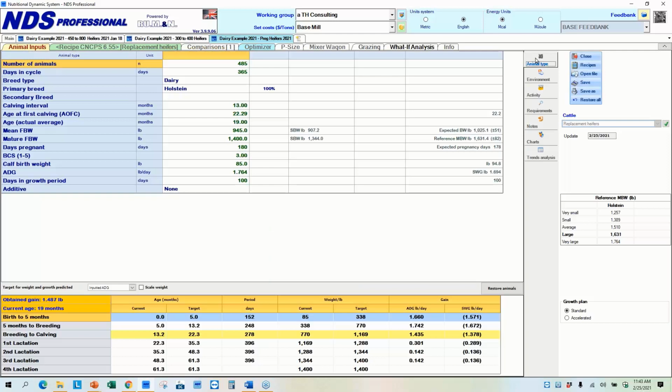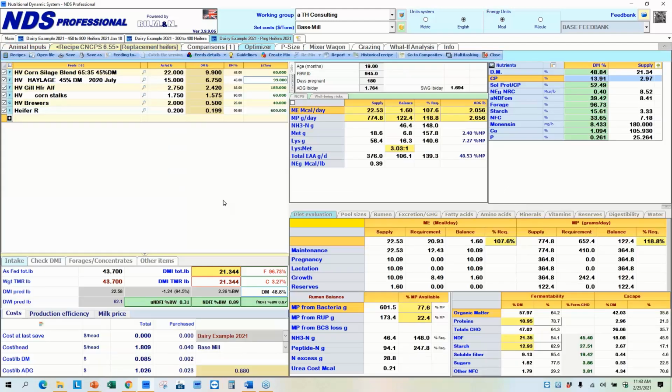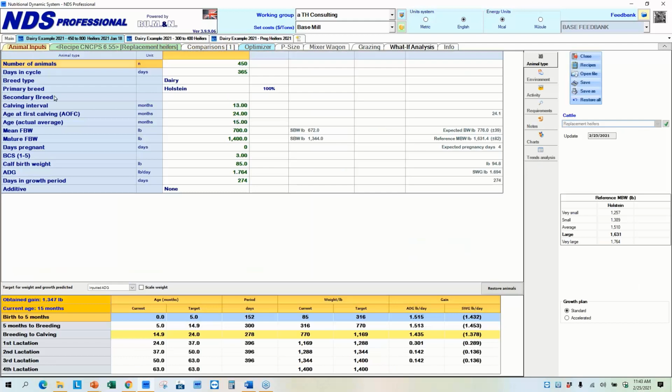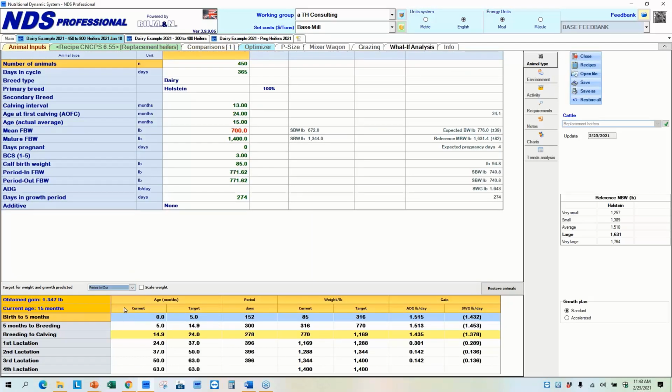So looking at how the model works, I think the frustration is if we have smaller groups, a wider range of animals within that group, if we were doing a diet from 350 to 800, we can also look at another function in here. If we had a wider group, we can go to animal inputs, and we can use the inputted period in, period out.